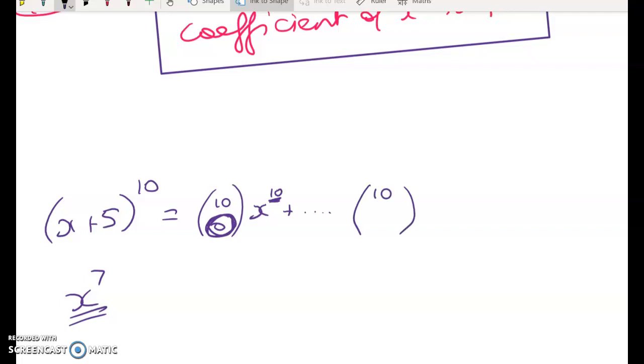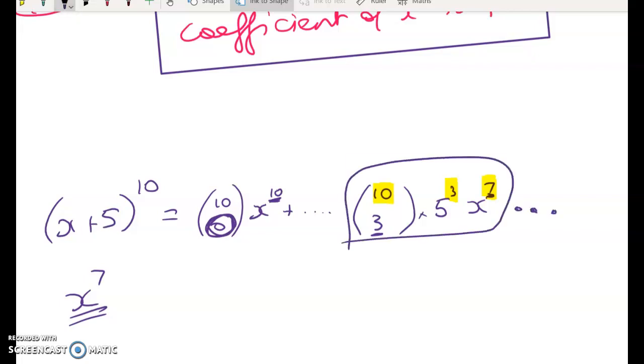So if we want x to the power of 7, we're going to have 10 choose 3, right? So this is all about spotting the patterns. And then it's going to be x to the power of 7 times 5 cubed. Remember, these will always add up to this one. So that's what we're after.